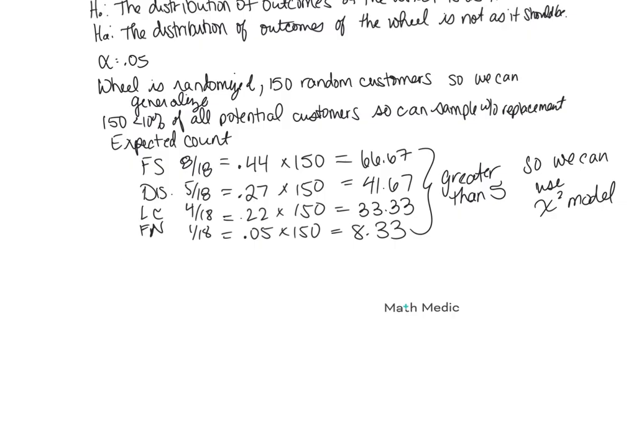Our chi-squared statistic is the observed minus the expected squared divided by the expected, and it's the sum of all of those.